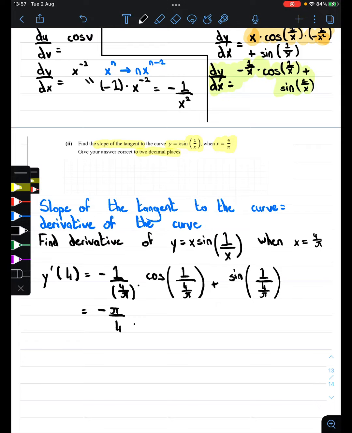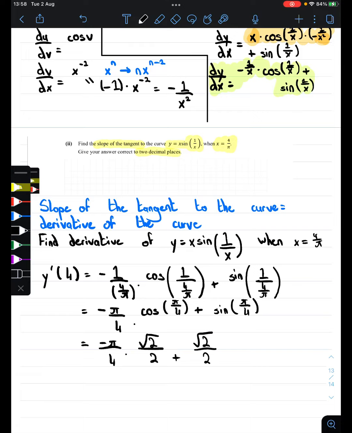And cosine of pi over 4 is just root 2 over 2. So we have minus pi over 4 times cosine pi over 4 plus, again, sine pi over 4. If you put that into your calculator, we get minus pi over 4 times square root 2 over 2 plus square root 2 over 2.